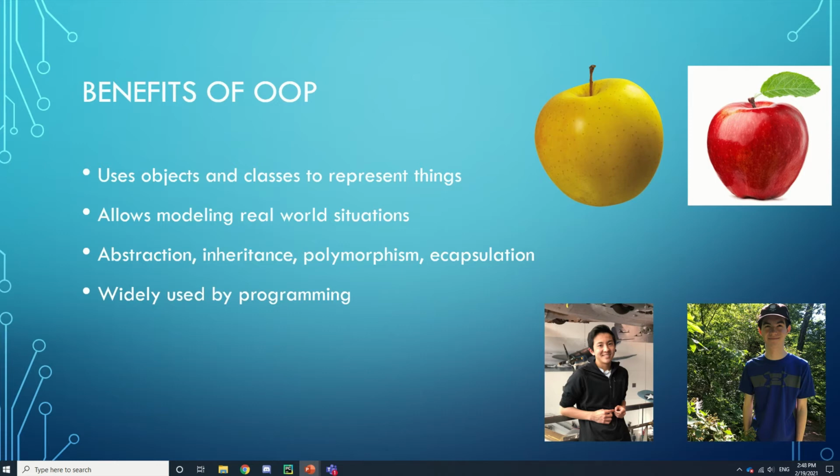So for programming purposes, these are the four pillars here: abstraction, inheritance, polymorphism, and encapsulation. So in computer science, these are the benefits of object-oriented programming compared to what we've been doing so far.